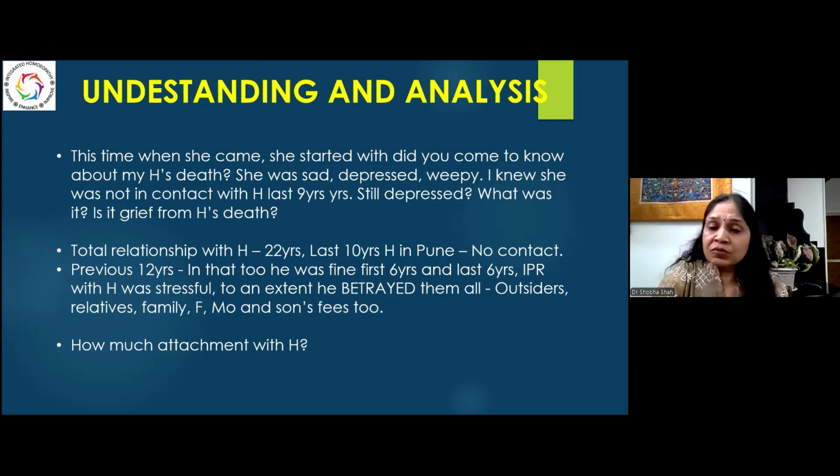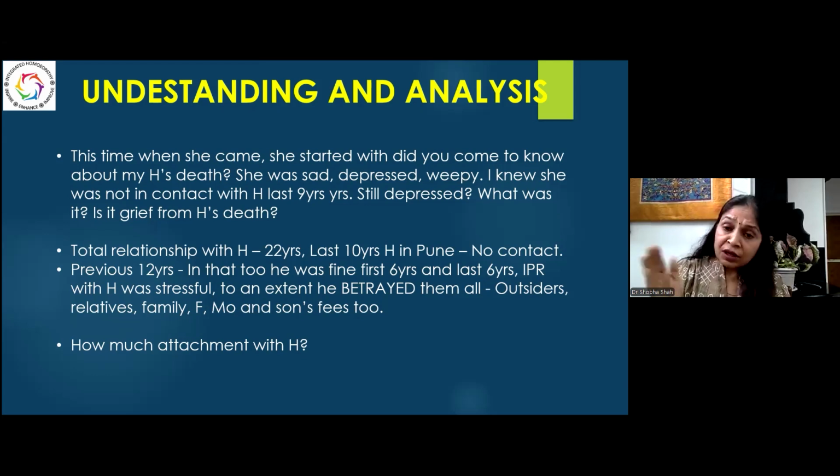If we try to understand the total relationship of this husband and wife, the patient was married for about 22 years. In the last 10 years, the husband was in Pune, and there was almost no contact with him. In the previous 12 years, the first 6 years, the relationship with the husband was okay. The husband was fine and was also doing good for the patient and her children.